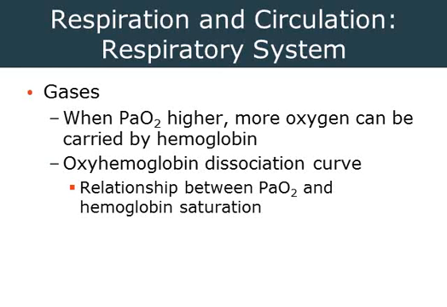We also will refer to the oxyhemoglobin dissociation curve, which, wow, that sounds very cool and impressive. But the oxyhemoglobin dissociation curve basically describes the relationship between the PaO2 and the hemoglobin saturation. So when we have this highly saturated hemoglobin, it's that much easier to give it off.